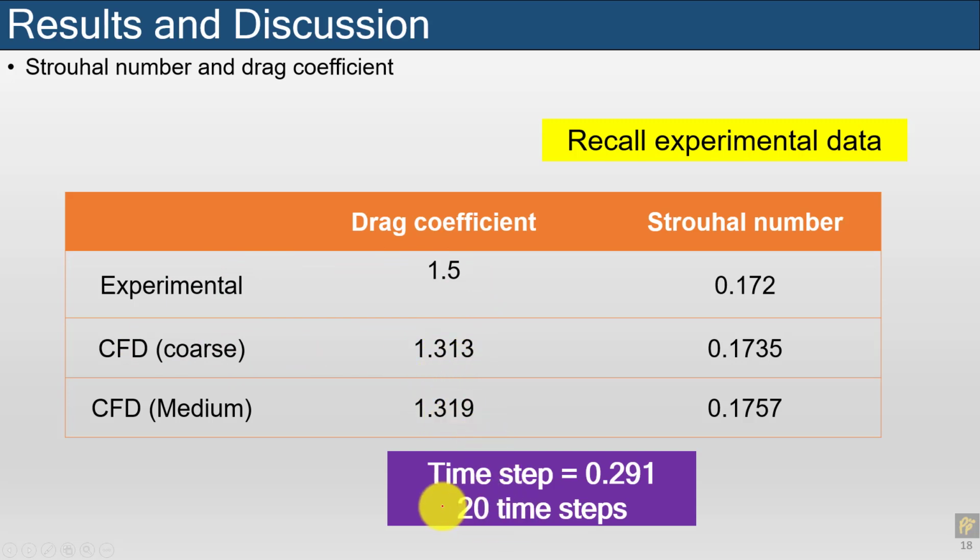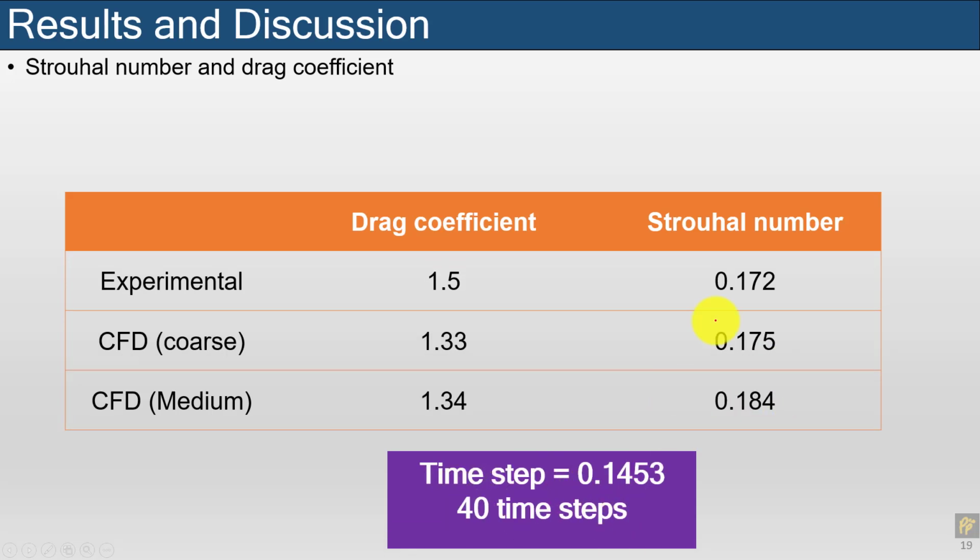This is for 20 time steps. The Strouhal number is 0.172 from experiments, and from coarse mesh and medium mesh 0.1735 and 0.1757, again for 20 time steps. For 40 time steps, the values are a little bit closer.